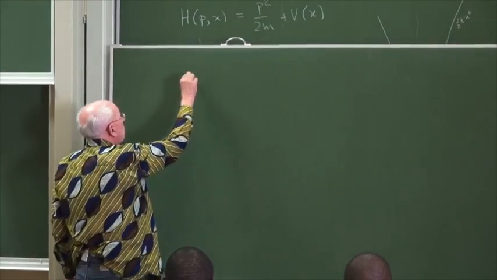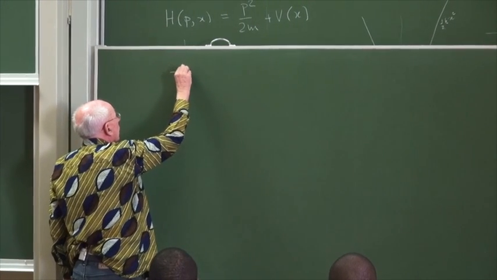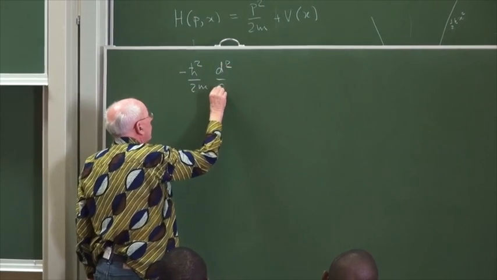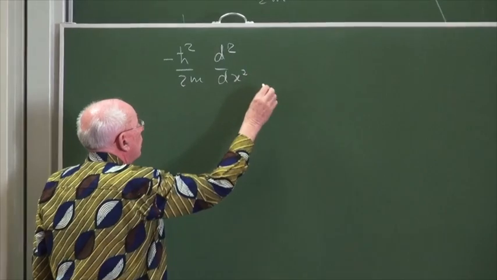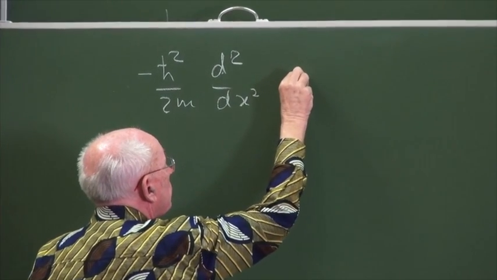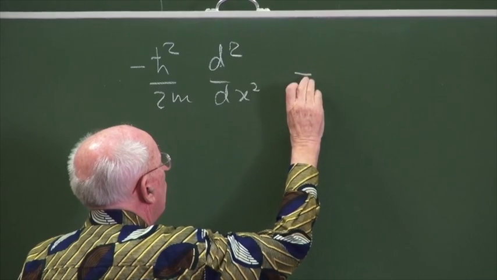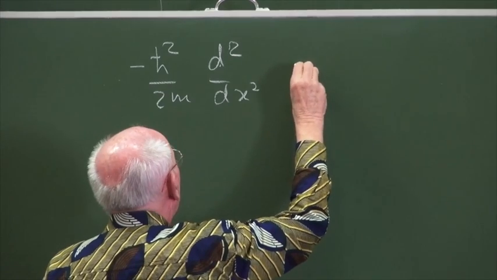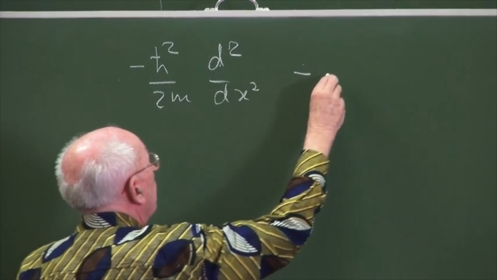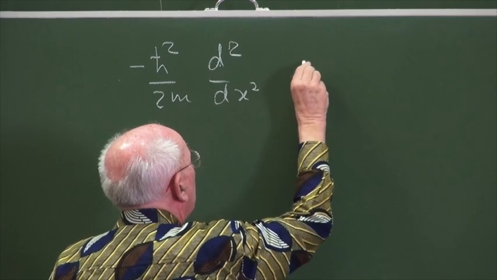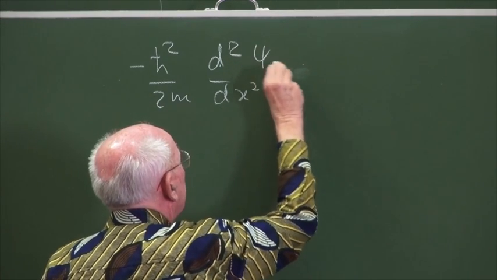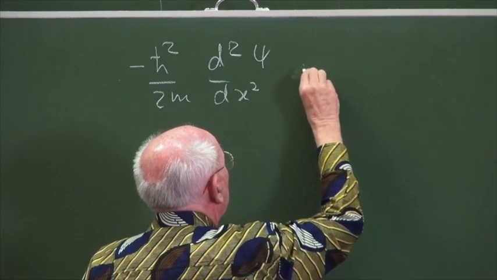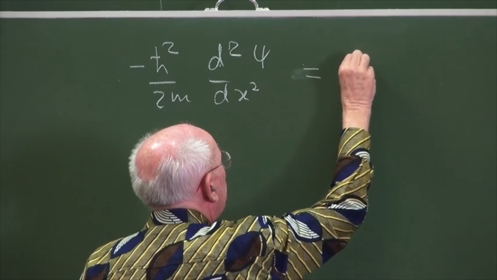And so we wrote down the Schrödinger equation. Let me put here the wave function, and let's do it again step by step.